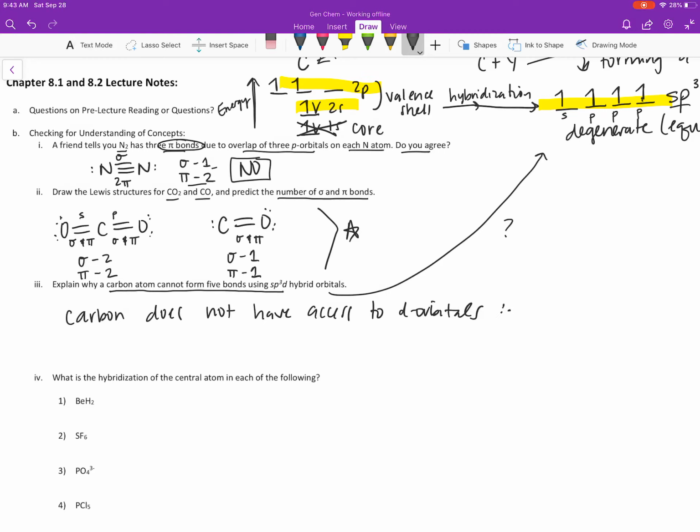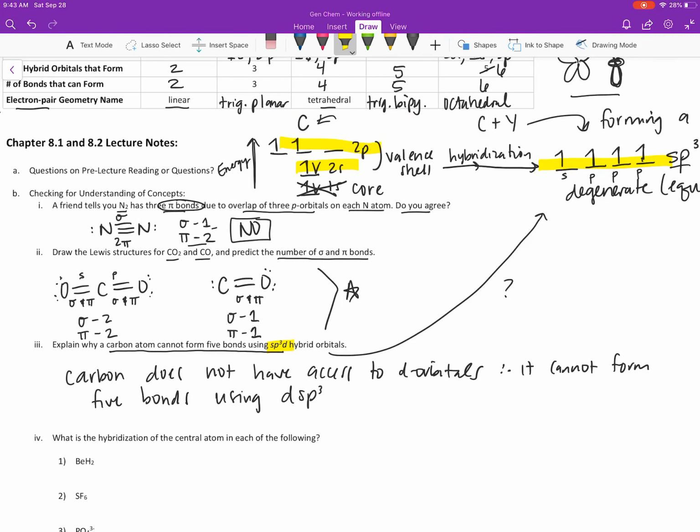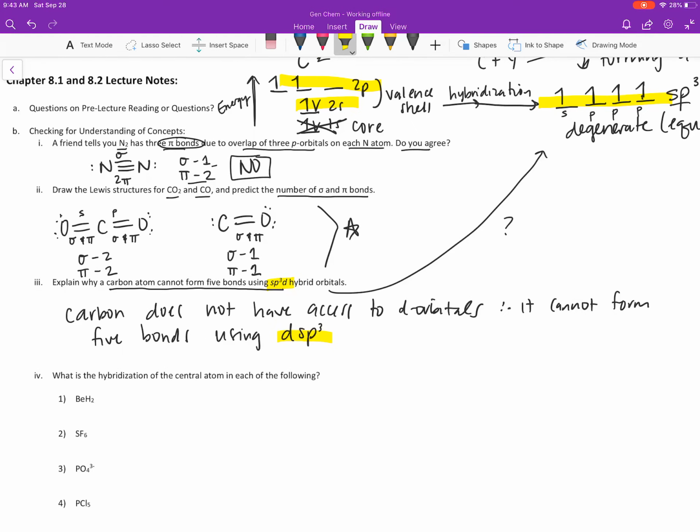Therefore, it cannot form 5 bonds using dsp3 hybridized orbitals. So before we go on, I want to point out that writing it sp3d and dsp3, there's no difference in that. It's just the arrangement, but it's telling us the same thing about hybridization.